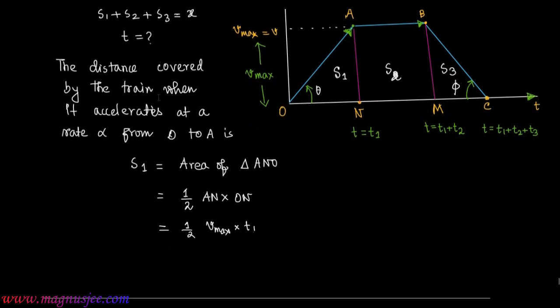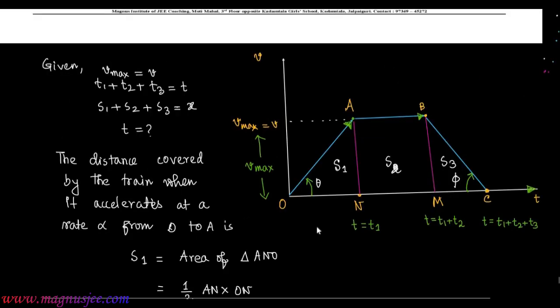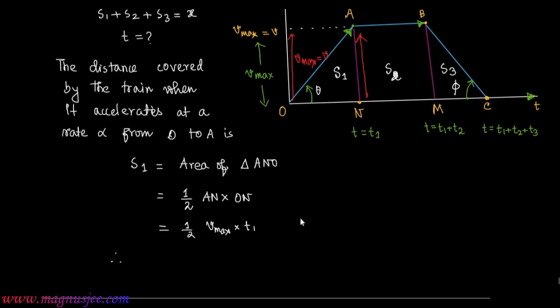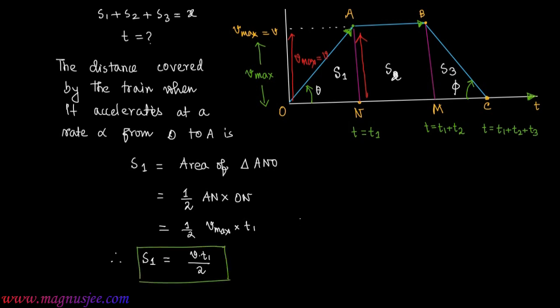ON is t1, the time taken by the train to travel from the point O to A for a distance S1. So S1 is equal to, putting the value of Vmax which is equal to V, S1 equal Vt1 divided by 2, which is equation 1.